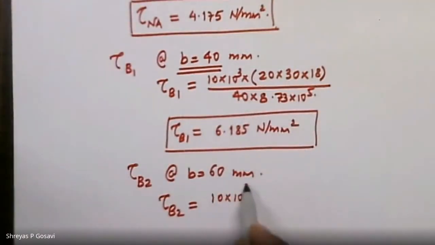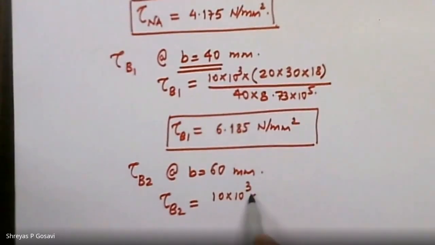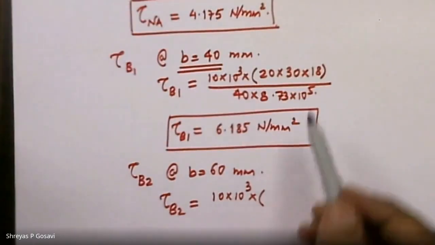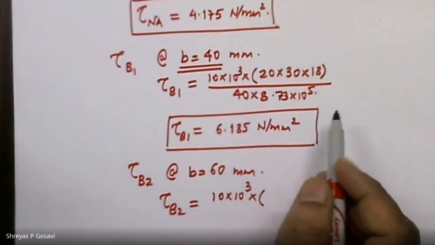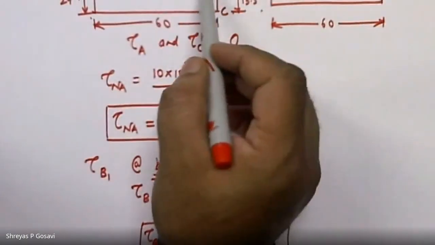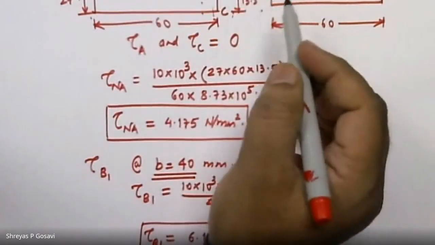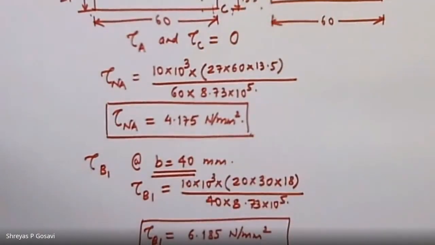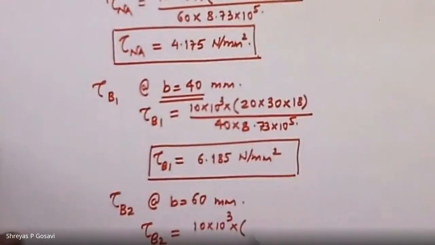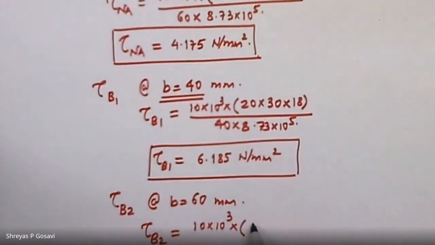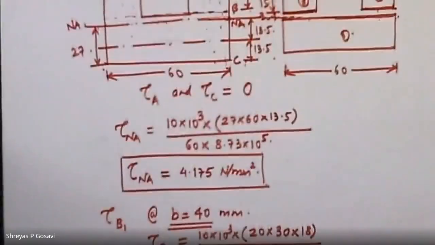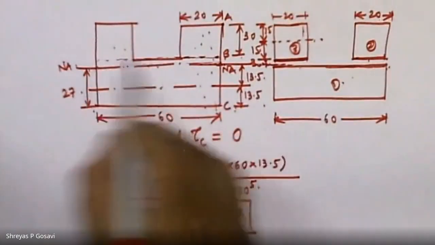So it will be shear force, that is 10 into 10 cube, multiplied by the cross section above the section now. So it will be 20 into 30. Okay, so we'll go for 60 into 30 instead. So it will be again A1 Y1 minus A2 Y2, the area above the section.